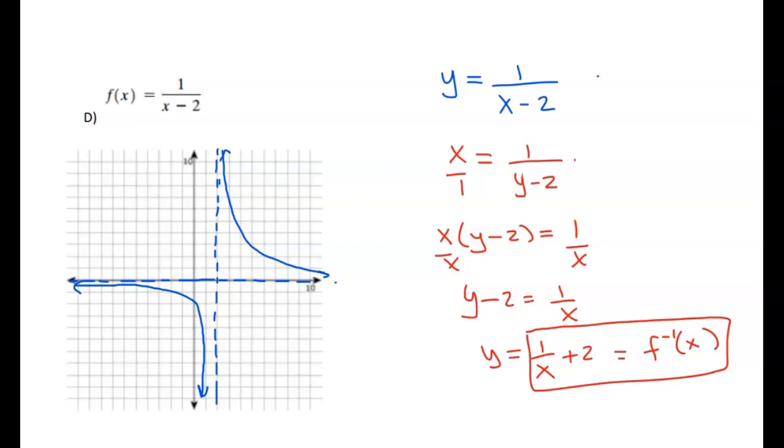Okay. So when we switch our x's and y's here, we're switching the vertical and horizontal asymptotes. Okay, so this y equals 0 becomes a vertical asymptote at x equals 0. And you can see that matches with this equation. And the vertical asymptote at x equals 2 becomes a horizontal asymptote at y equals 2. And you can see that matches because this is vertically shifted, right?